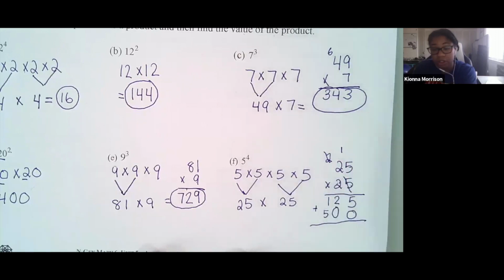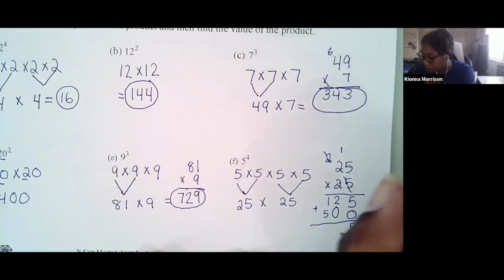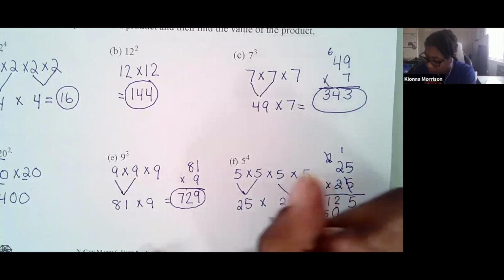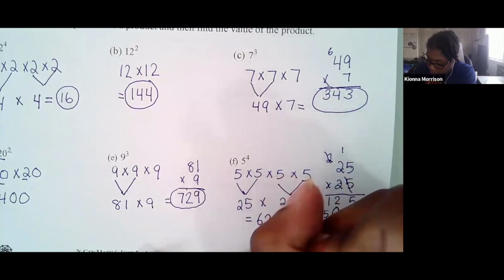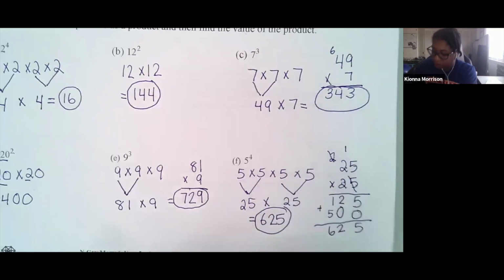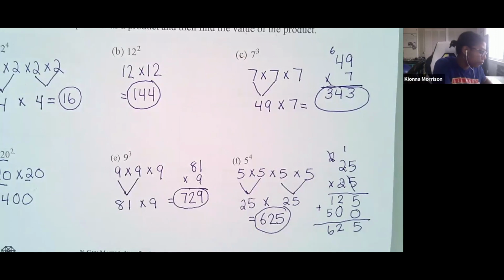Add up my partial products, which gives me 625. All right.